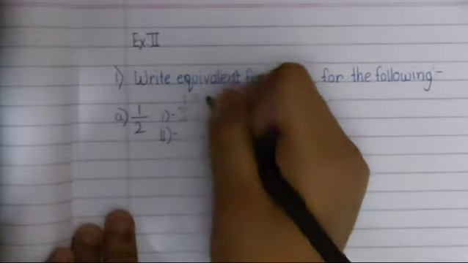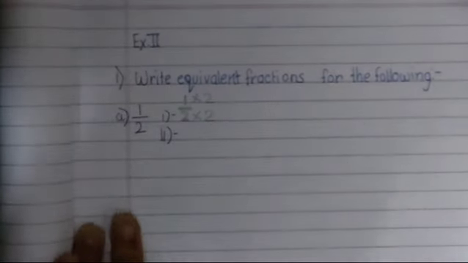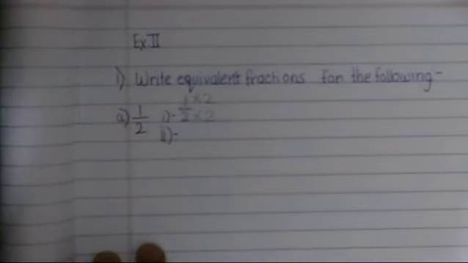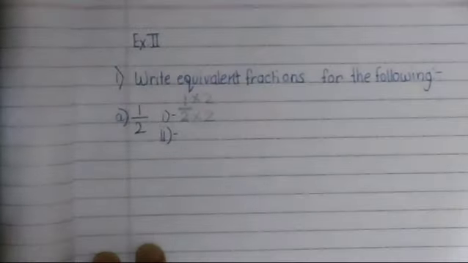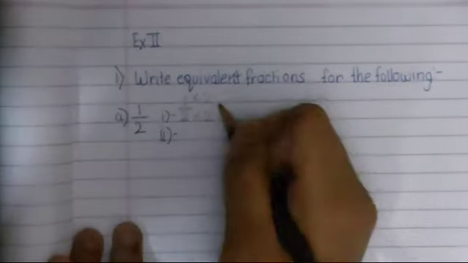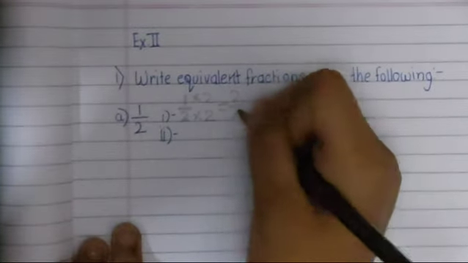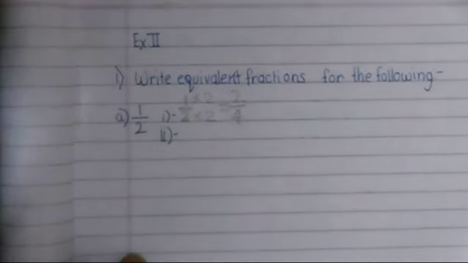And then after that we have to write multiplied by 2 as we want to make it 2 times larger. So when we calculate, it equals to 1 multiplied by 2 is 2 and 2 multiplied by 2 is 4. So the answer is 2 by 4.